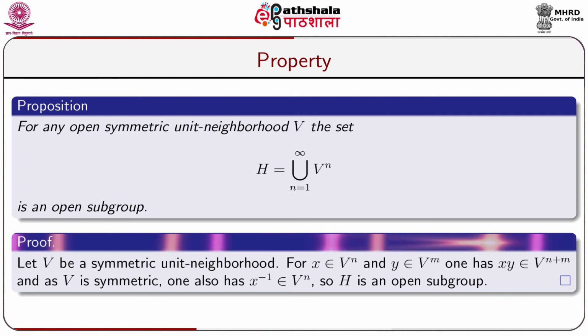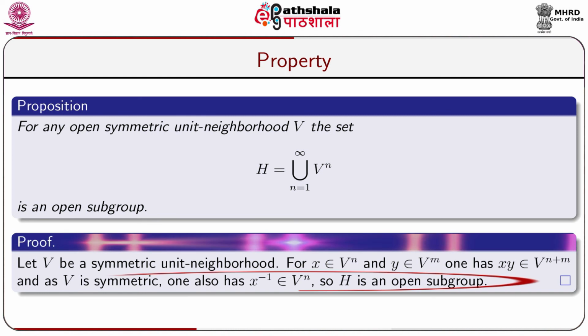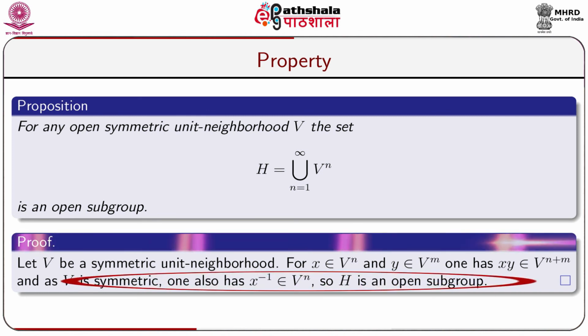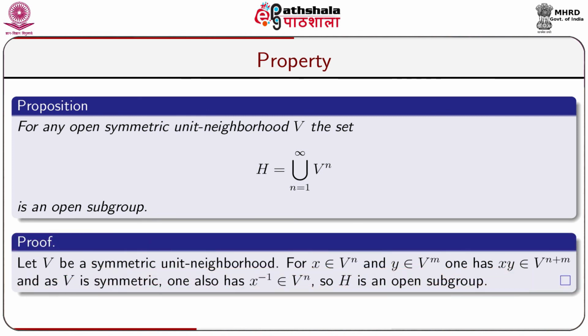Now for any x belongs to V to the power n and y belongs to V to the power m, one has xy belongs to V to the power n plus m, and as V is symmetric, one also has x inverse belongs to V to the power n. So H is an open subgroup.